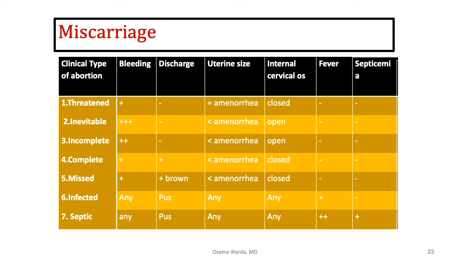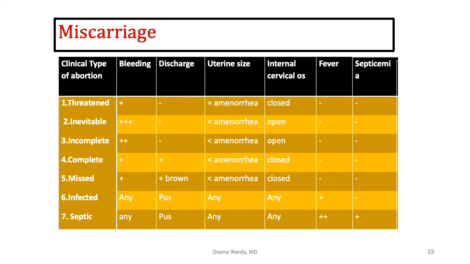The next indication is evaluation of the cervix to define the type of abortion. If the cervical internal os is opened, it is inevitable abortion. If it is closed and not containing the product of conception, it may be missed, or it may be complete abortion.